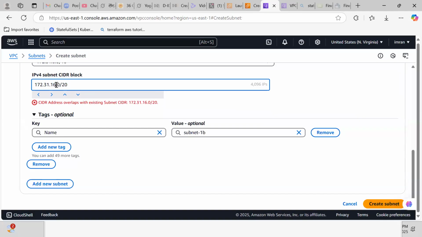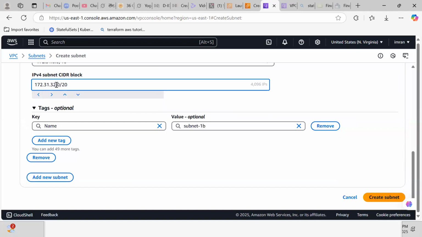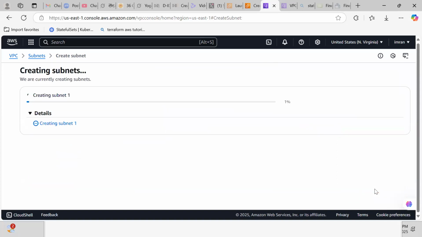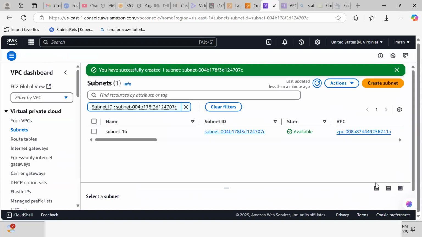That address it is telling is already taken mostly. /32 I have given here.